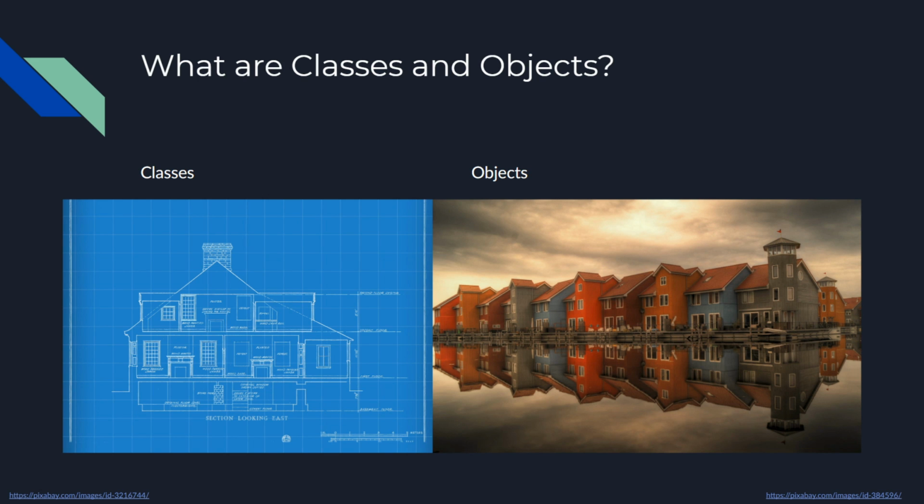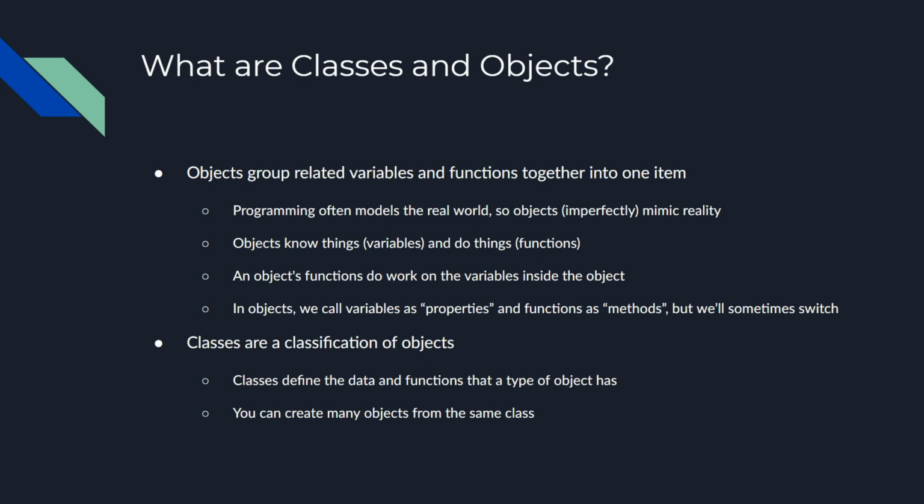Cool. All right. So now what are these in more detail? Objects take related variables and functions and put them together into one package. Okay. So you can take a whole bunch of variables that you define, a whole bunch of functions that you can define, and you can package them all into one thing. And then you can move that thing around with its variables and functions as one package. Okay.